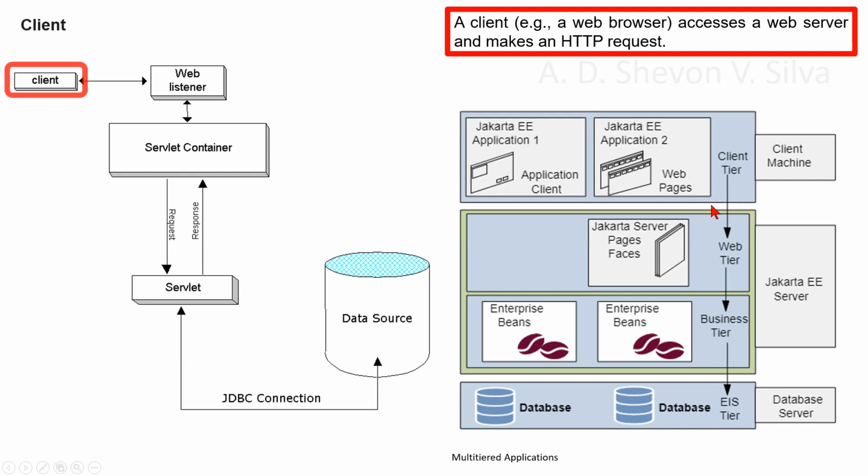When you use a thin client, such heavyweight operations are offloaded to enterprise beans executing on the Jakarta EE server, where they can leverage the security, speed, services, and reliability of Jakarta EE server-side technologies.